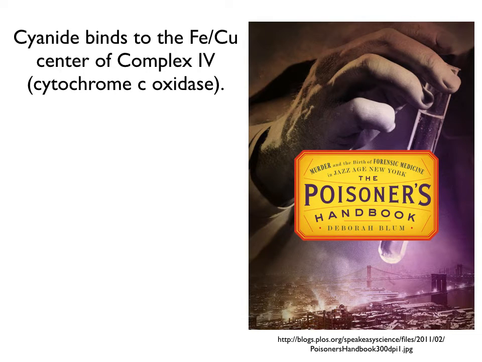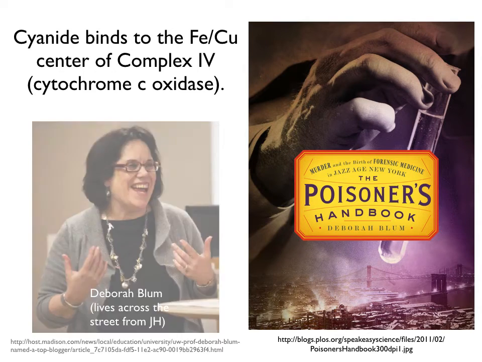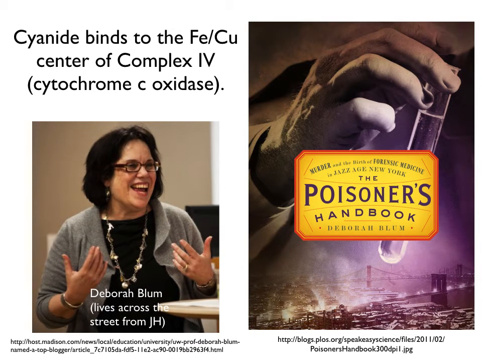It's kind of the beginnings of forensic science, think early 20th century version of CSI. And actually, someone who lives across the street from me, Deborah Blum, wrote a really engaging book called The Poisoner's Handbook about this rich history. It's a great book. I encourage you to read it. Deborah's a really great person. But we'll give you more opportunity to think about that later.